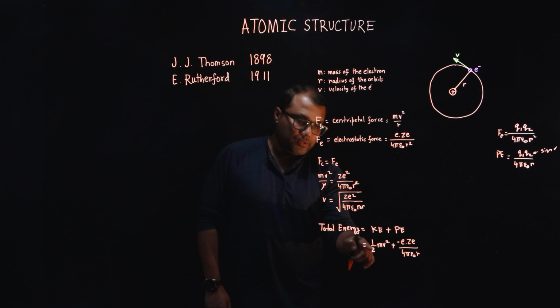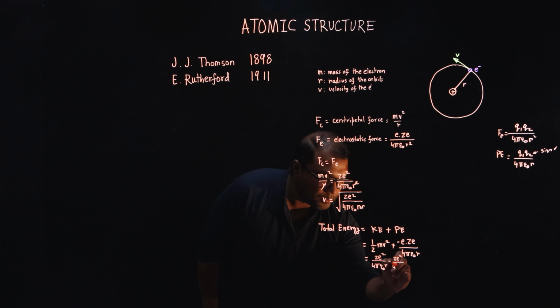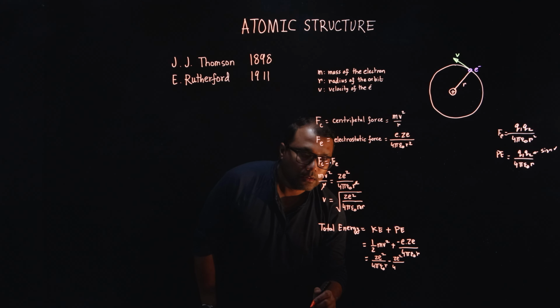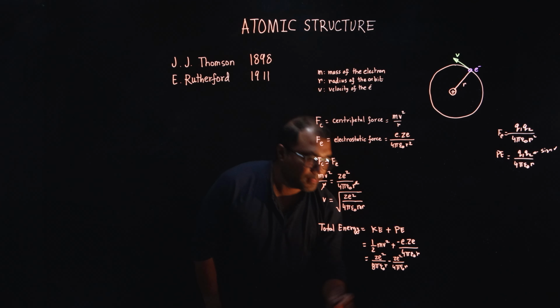Now if we substitute mv square from here, this becomes Ze square divided by 8 pi epsilon naught r minus Ze square by 4 pi epsilon naught r.